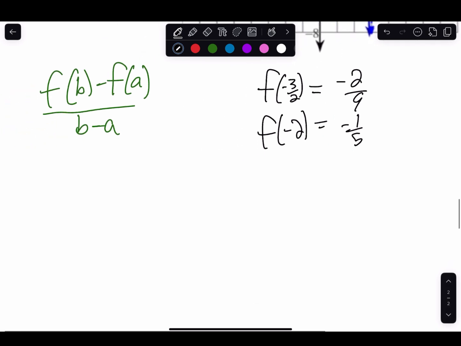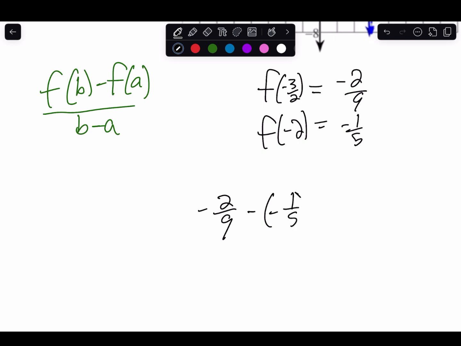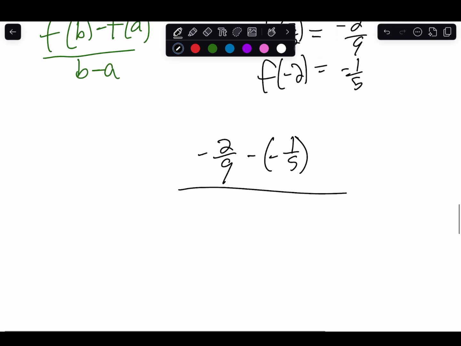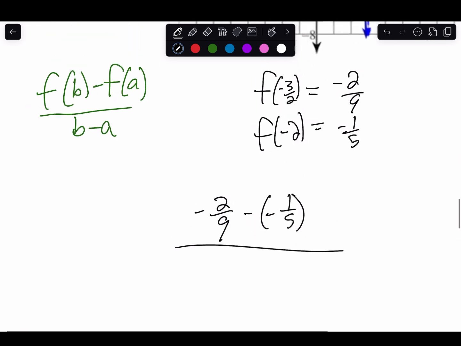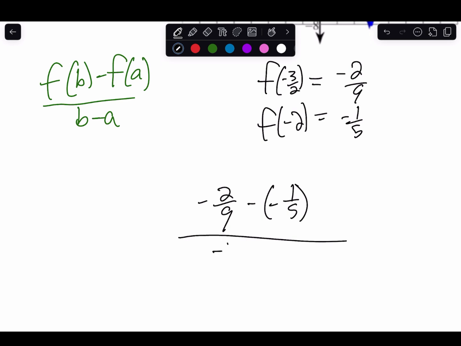And so now we have our y coordinates, and we can pretty much just plug this in. So just rewriting it. You have to remember those parentheses and to flip the signs when you have a double negative, that becomes a positive. It's a common mistake, really. And then minus -2.